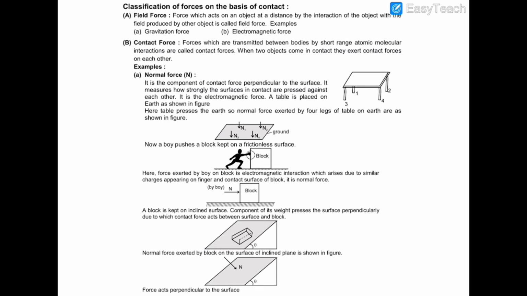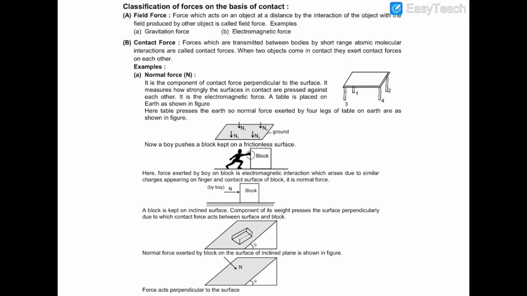And you must have heard about the gravitational field. The gravitational field is that area in which any mass will experience gravitational force. Gravitational force does not require any contact.